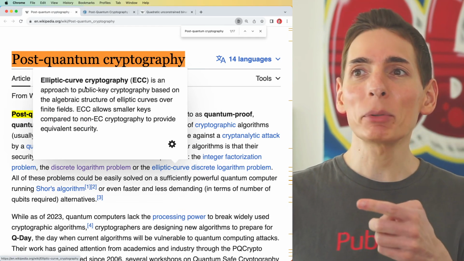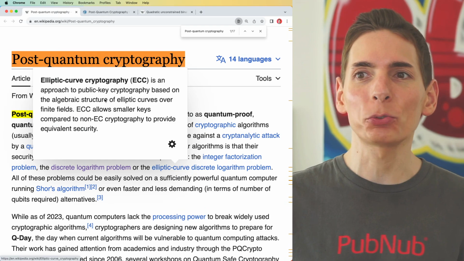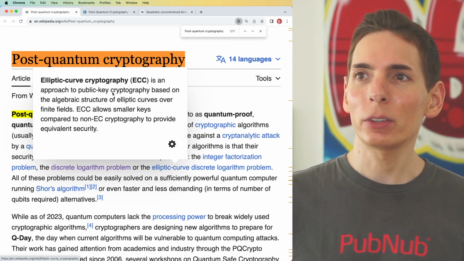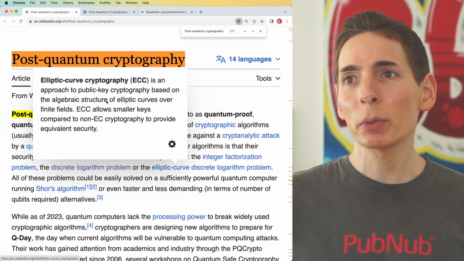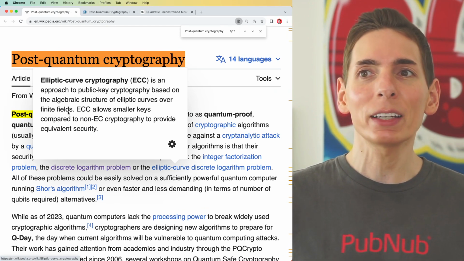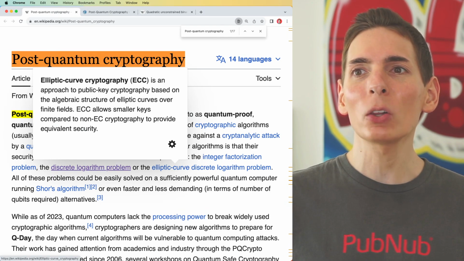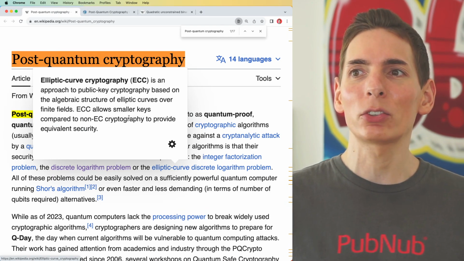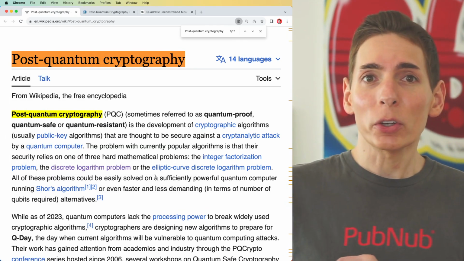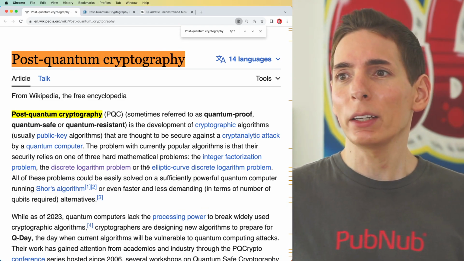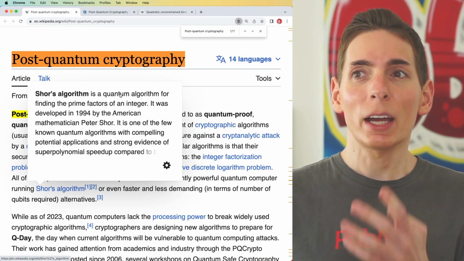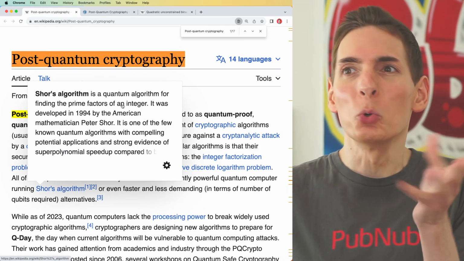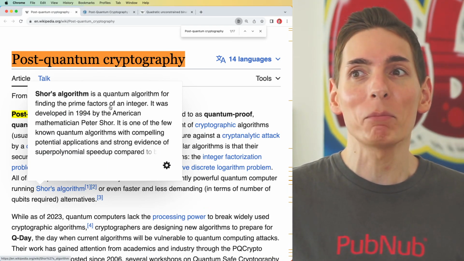Elliptic curve is just like a nice little bonus for the discrete logarithm. It's a public key cryptography approach based on the algebraic structure of elliptic curves over finite fields, which allows smaller keys compared to non-ECC cryptography. All of these algorithms today, of these three, are easily solvable with Shor's algorithm, which is a quantum algorithm for finding prime factors of an integer.